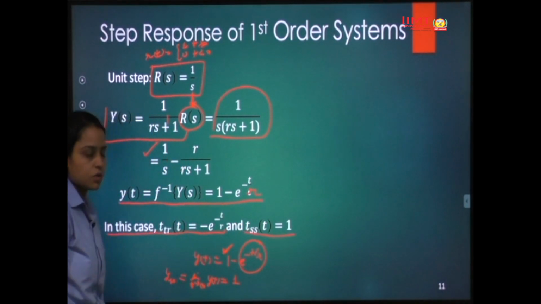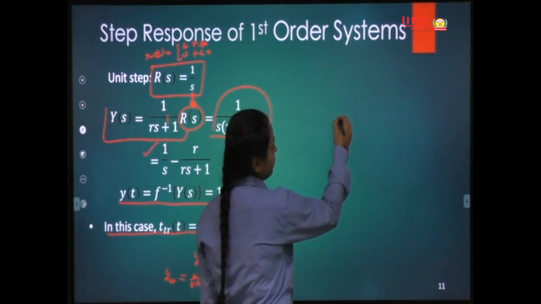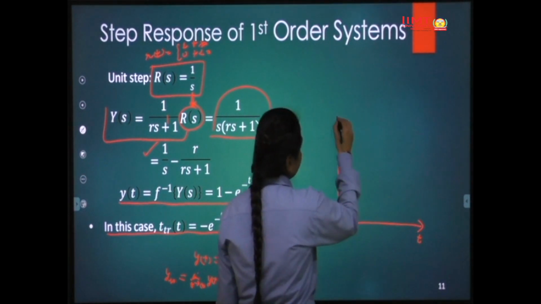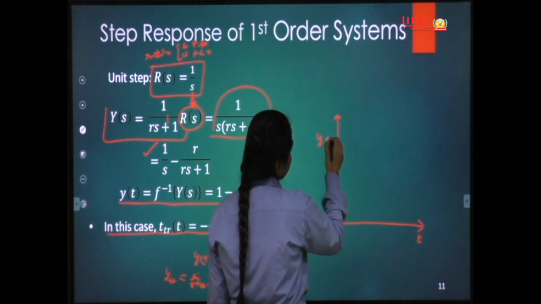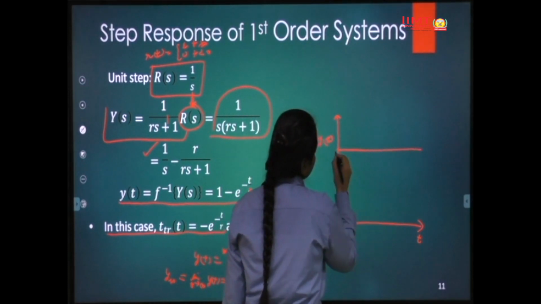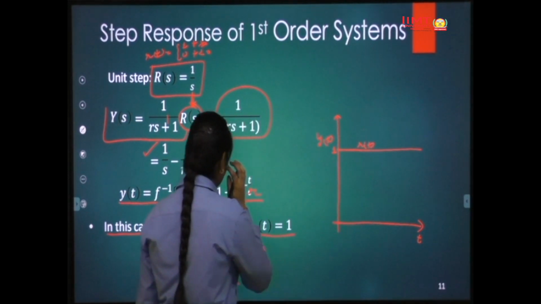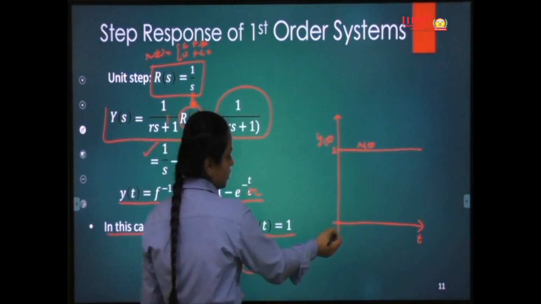So if we draw the graph, we have t, we have this y(t), this is 1 and this is say r(t). Okay, so what we get for y(t) at t equal to 0, this is 0.